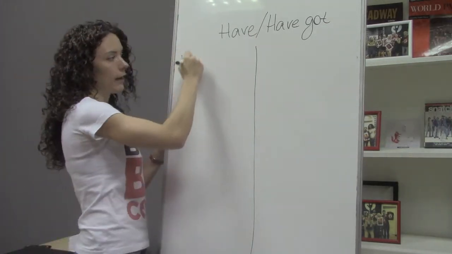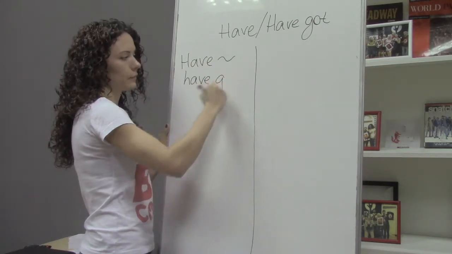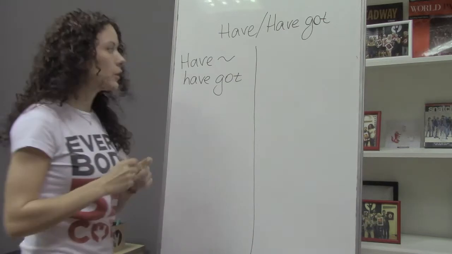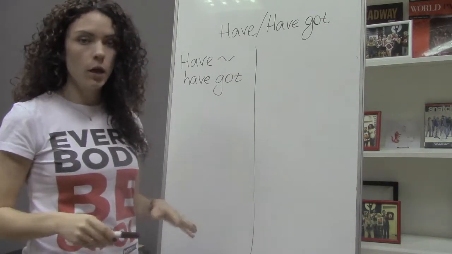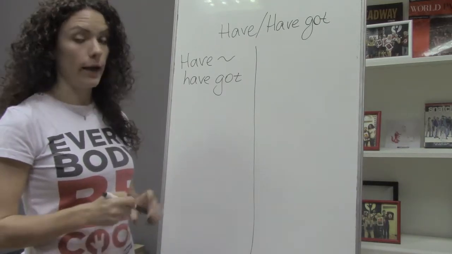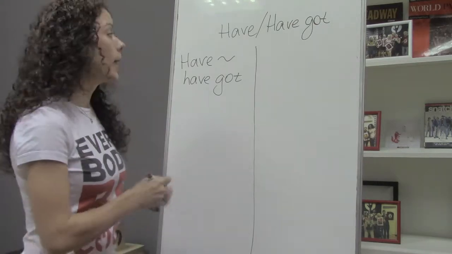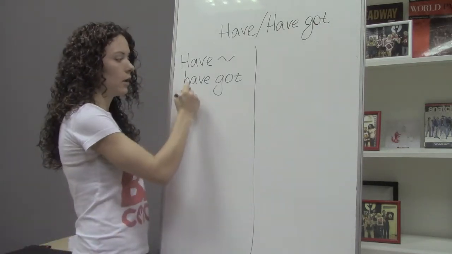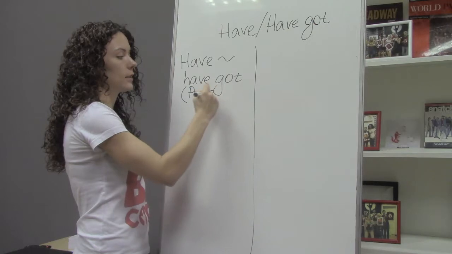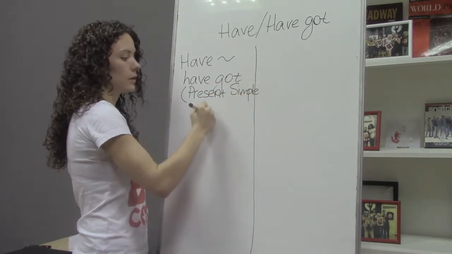When have almost means have got. We use have in the meaning of have got when have is non-progressive, meaning we never use have in the meaning of have got in continuous tenses. And we use have got only in present simple tense only.